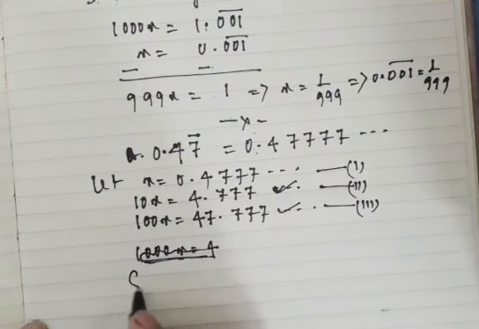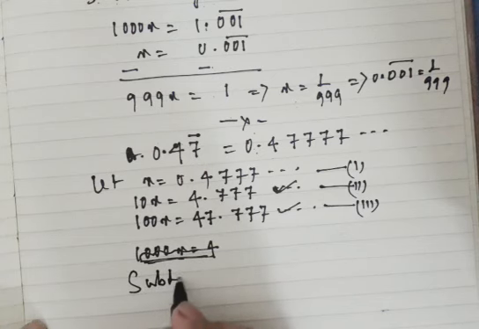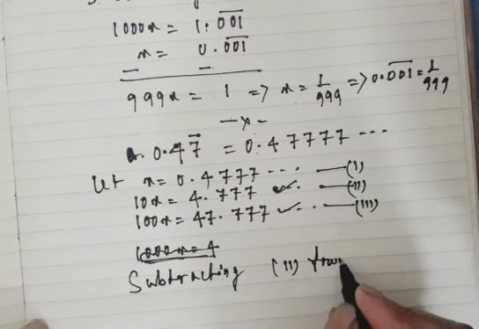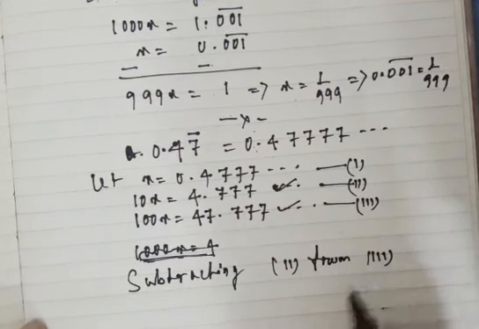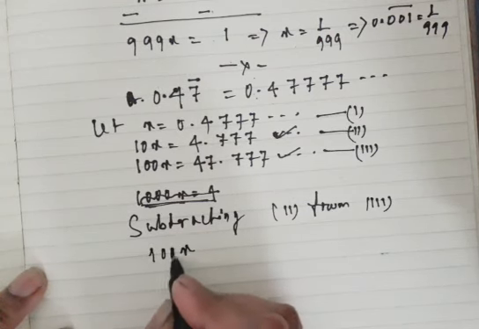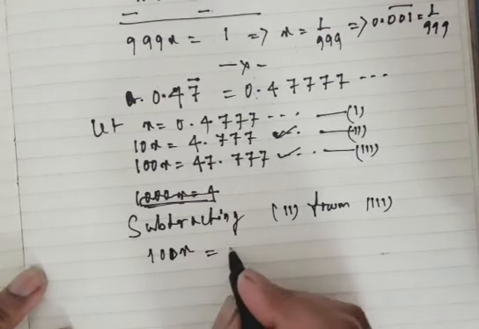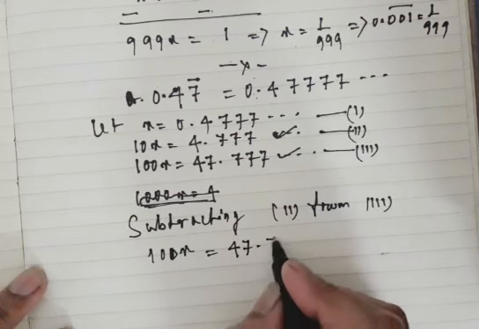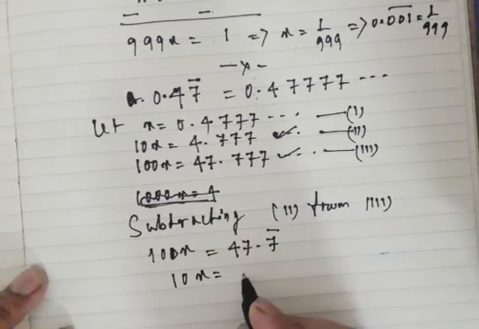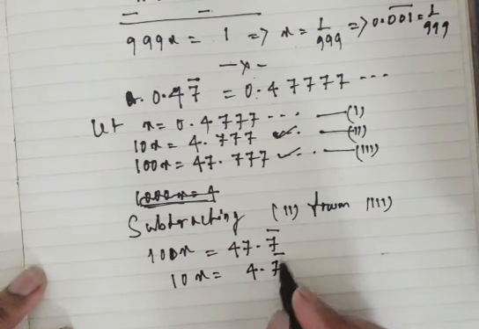Subtracting 2 from 3, we have 100x is equal to 47.7 bar and 10x is equal to 4.7 bar.